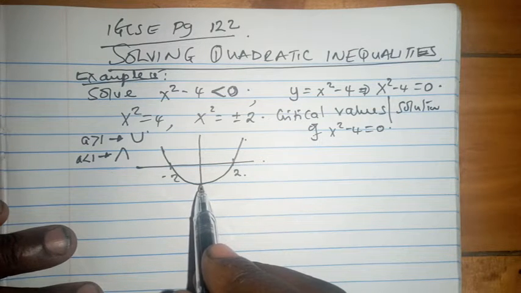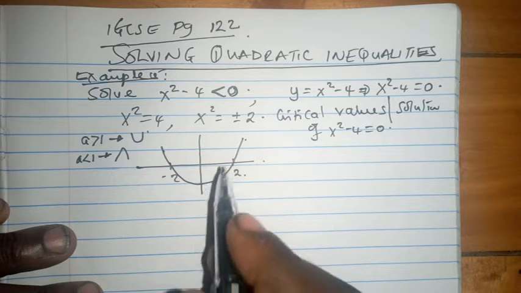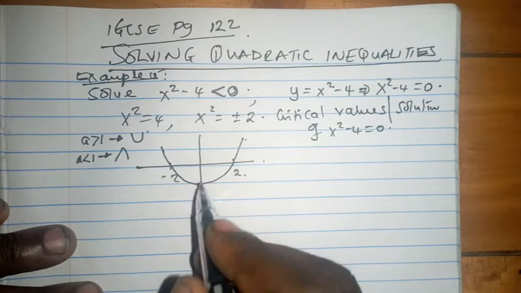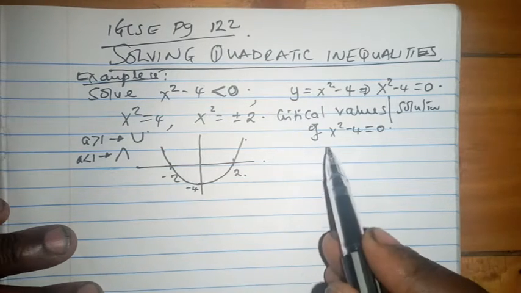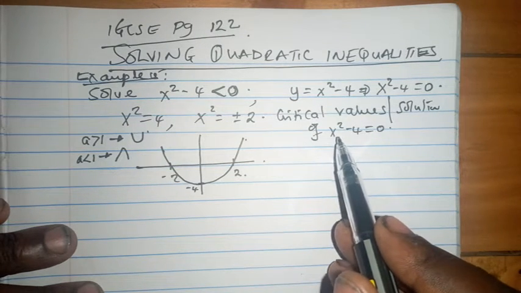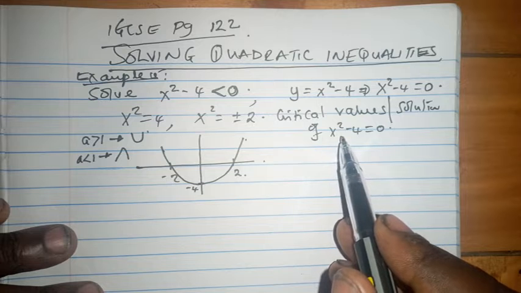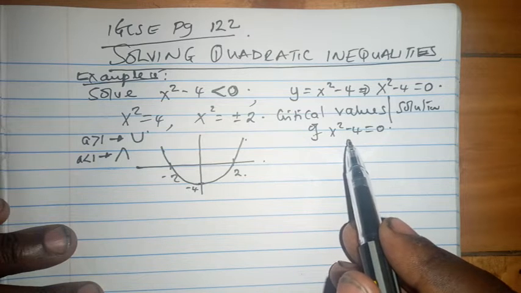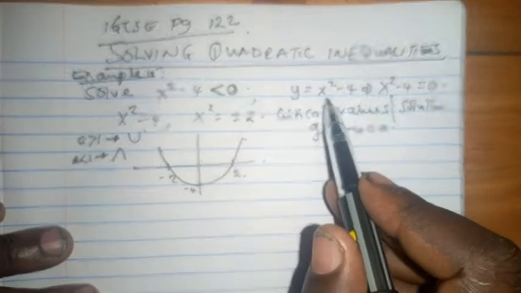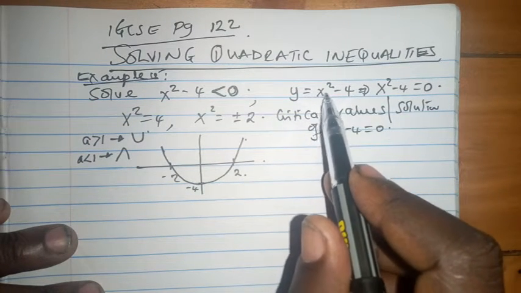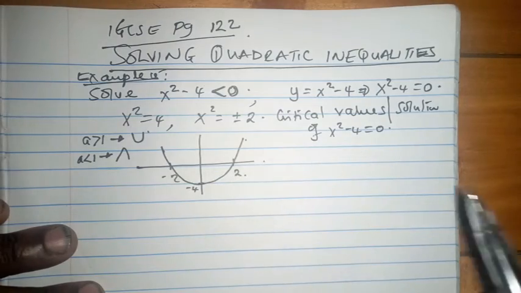It cuts the y-axis when x is equals to 0. So this is simply minus 4, because if you substitute here, y is equals to x squared minus 4, which is 0 minus 4. So y becomes minus 4.